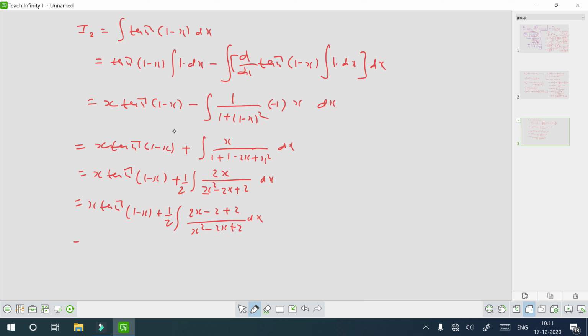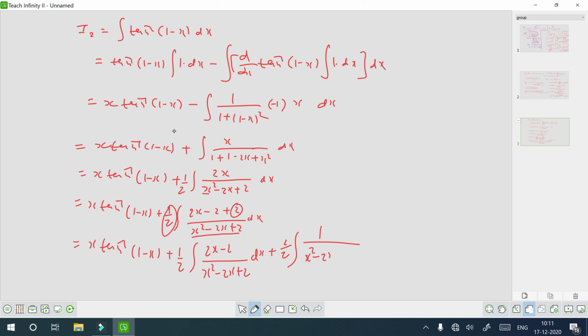Yes. So that is equal to x tan inverse 1 minus x plus 1 by 2 integral of 2x minus 2 over x square minus 2x plus 2 dx plus 2 by 2 integral of 1 over x square minus 2x plus 2, which can be written as x square minus 2x plus 1 plus 1, into dx.